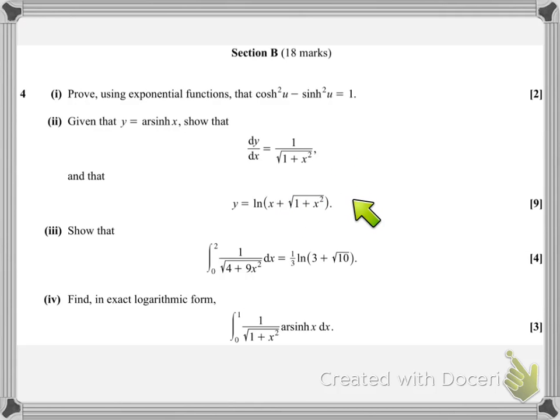So we'll be able to use part 2 in order to do part 3. Finally, in the last part of the question, we do need to give an exact logarithmic form in our answer. So we just need to make sure that we do that. We won't have any decimals, we'll be giving it as an exact log. So it'll look presumably something like this. And again, this looks very similar to what we've had in previous parts in the question.